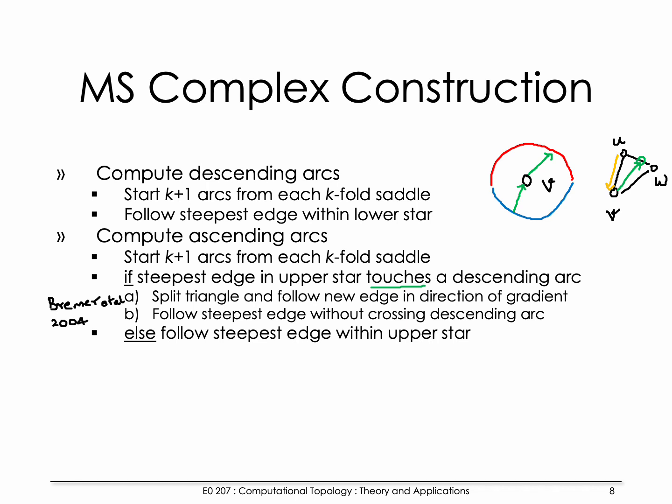The Edelsbrunner et al. paper restricts the ascending and descending arcs to edges of the simplicial complex. So that's the algorithm that we saw earlier. So what that algorithm would do is essentially follow the same edge VU while ensuring that there is no intersection. So it will maintain the sidedness of the ascending arc.